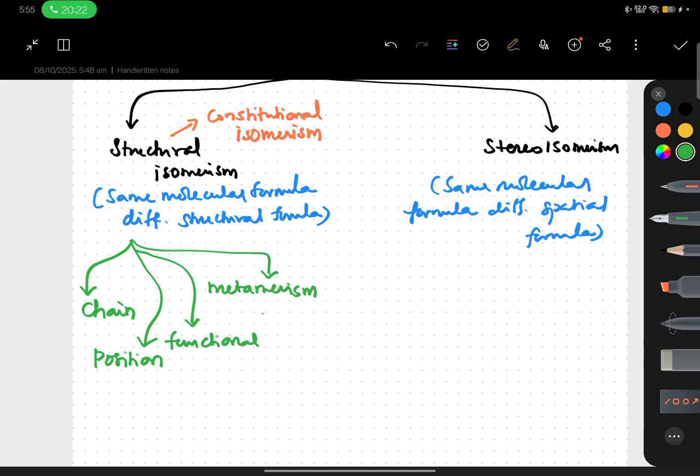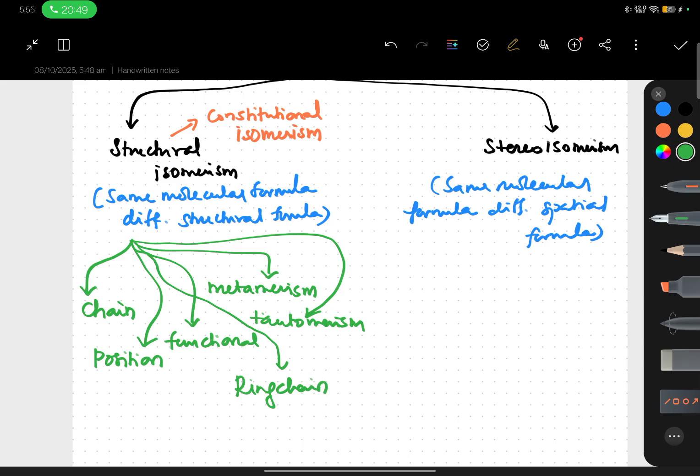Metamerism. Tautomerism. And ring chain isomerism.